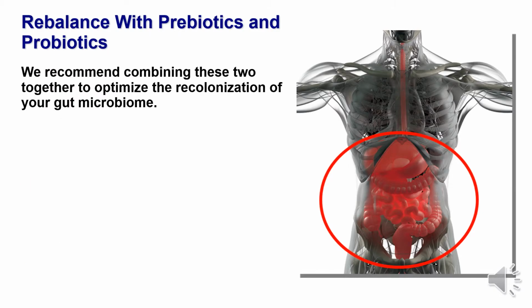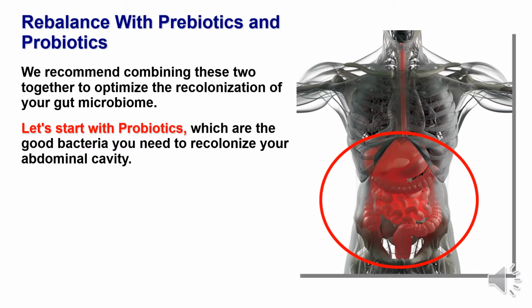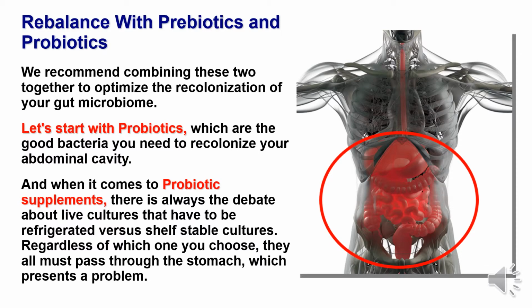And it's so important to rebalance with prebiotics and probiotics. We recommend combining these 2 together to optimize the recolonization of your gut microbiome. Let's start with probiotics, which are good bacteria you need to recolonize your abdominal cavity. And when it comes to probiotic supplements, there is always the debate about live cultures that have to be refrigerated versus shelf-stable cultures.